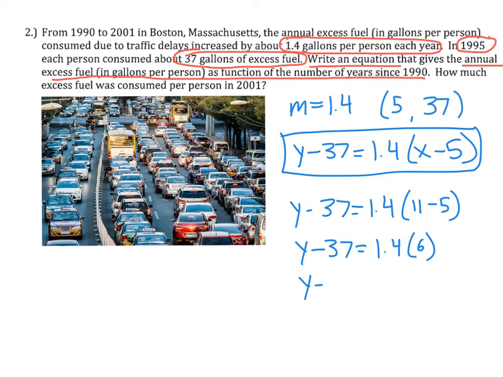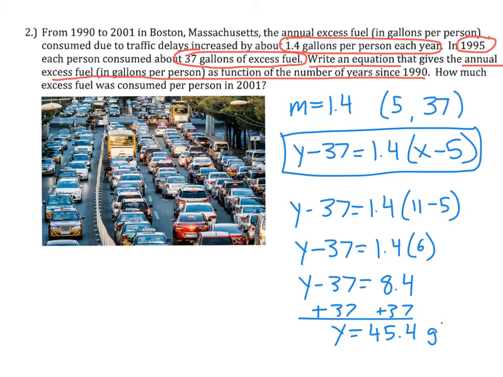So I have y minus 37 equals 1.4 times 6, which is 8.4. And then I add 37 to both sides. And I get y equals 45.4. So 45.4 gallons per person is my answer in 2001.